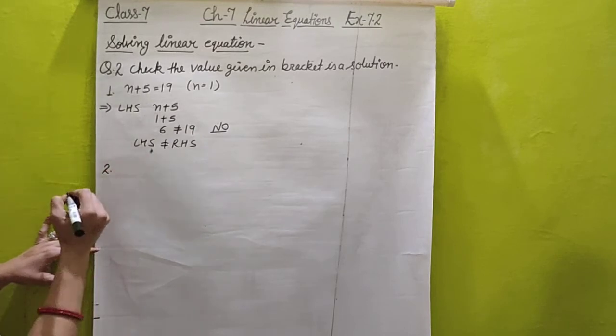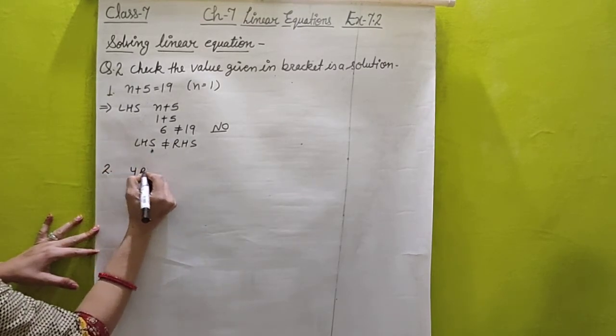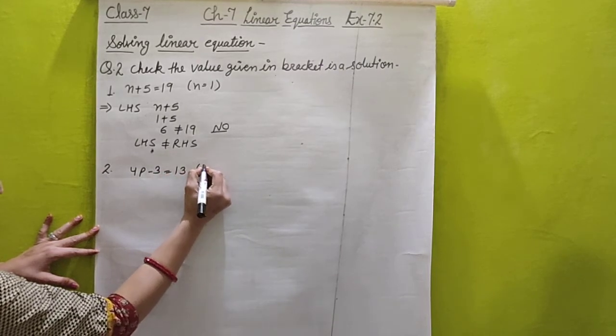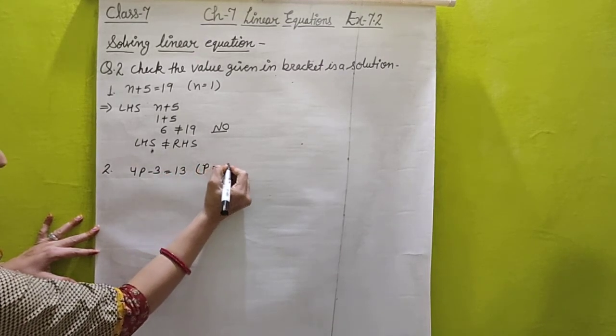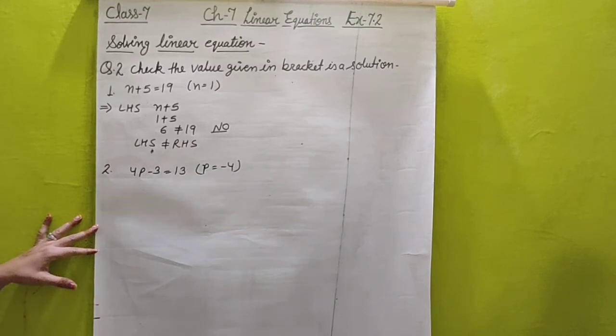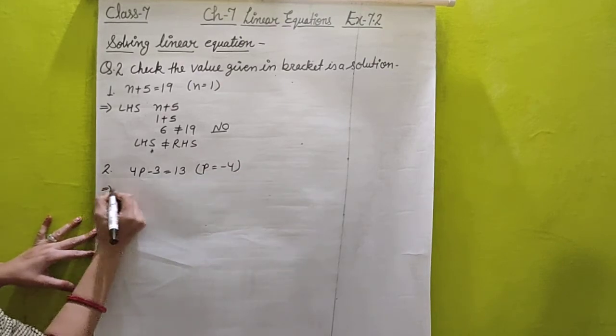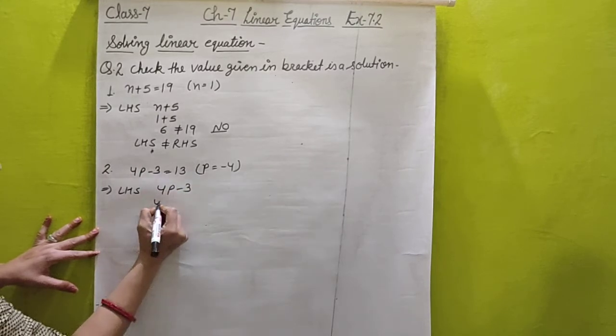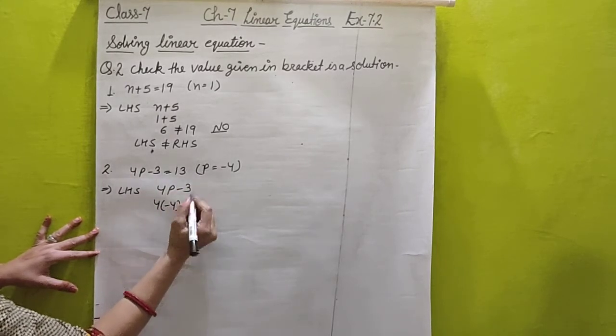Second number students, 4p minus 3 is equal to 13, where p is equal to minus 4. Again students, LHS part 4p minus 3, in the place of p what will come?